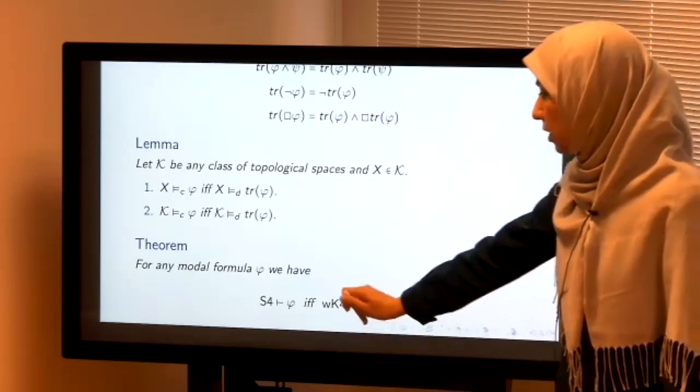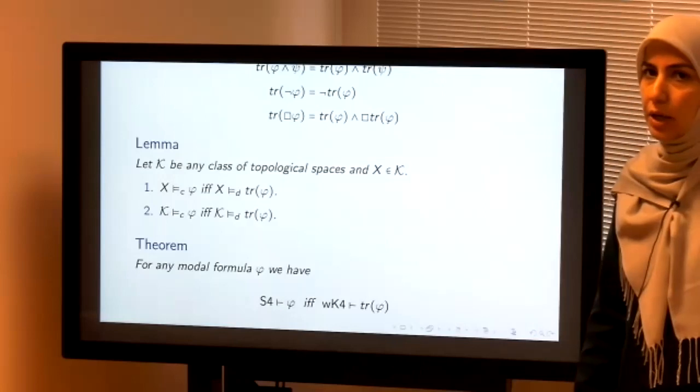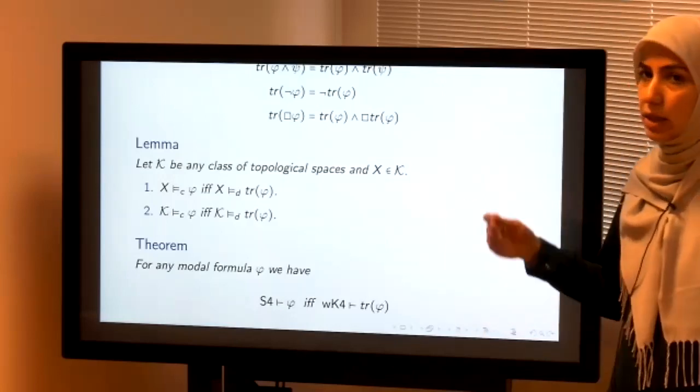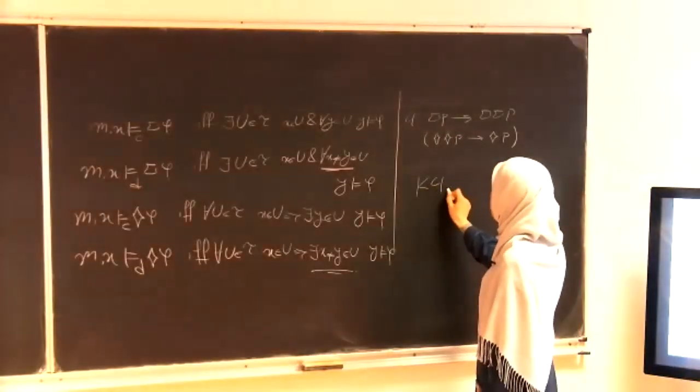And as we say, WK4 is weaker than S4 and even weaker than K4. K4 is K plus axiom 4.